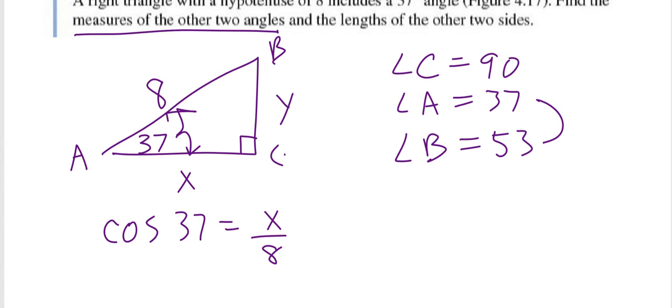Adjacent over hypotenuse. How do you solve a proportion? How do you solve any proportion in the universe? You cross multiply. Now I know some of you are going to ask, why don't I just multiply by 8? I do understand your point. But these problems are not always going to look exactly like this.